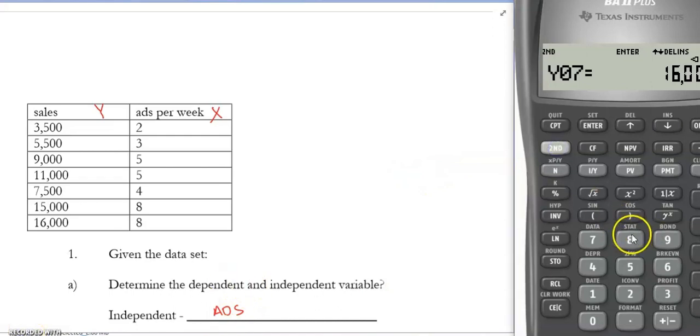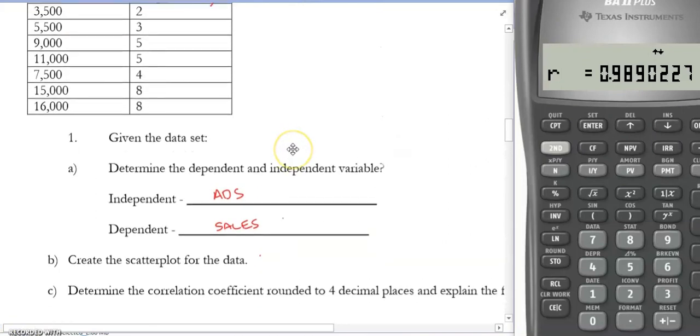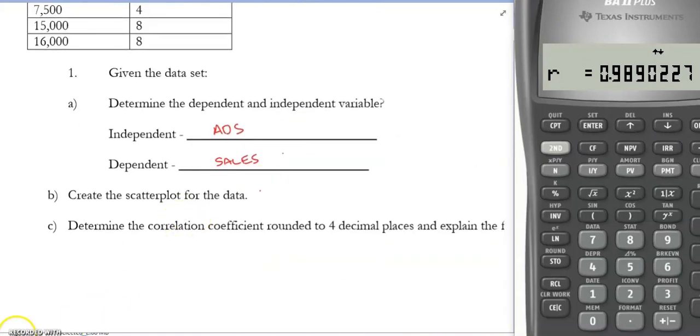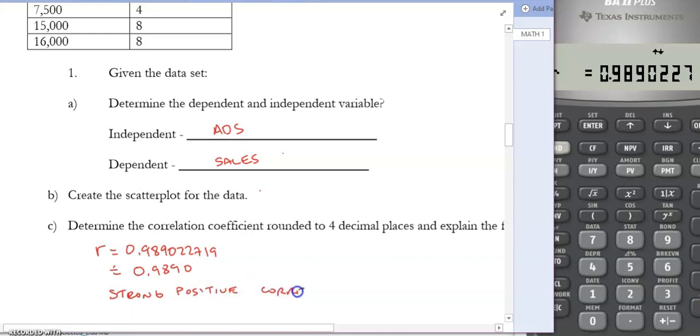Okay, so now we go and find the correlation coefficient. Once again, that is second stat. Make sure you're in linear mode. Scroll down until you see your R, and it looks like it's quite strong. So the R value is 0.9890, so it's a strong positive correlation.